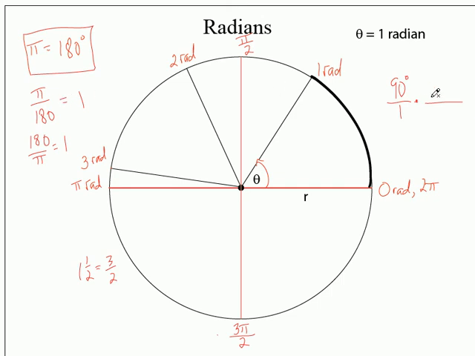What we're going to do is multiply by one of these, either this one or this one. Now, how do we know which one to use? What am I trying to get rid of? I'm trying to get rid of degrees and change it to radians. So if I have degrees on top, where does degrees have to be on this fraction? On the bottom, so they cancel out. So which one of these am I going to use? The first one, pi over 180. This is how I like to look at it.